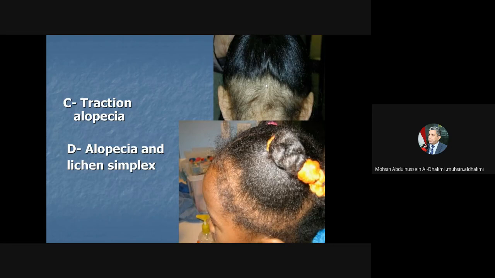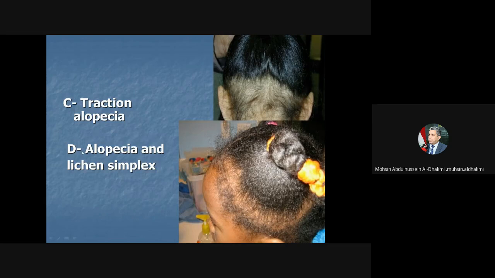So we see it either in the occipital area or in the frontotemporal area, but sometimes we see the widening of the midline of the hair. Here, just reassurance and a prescription for the mother to avoid traction and the hair will regrow again.